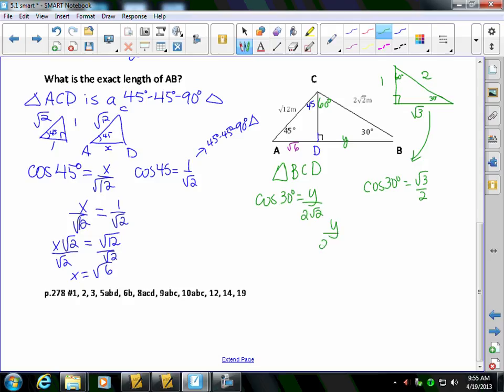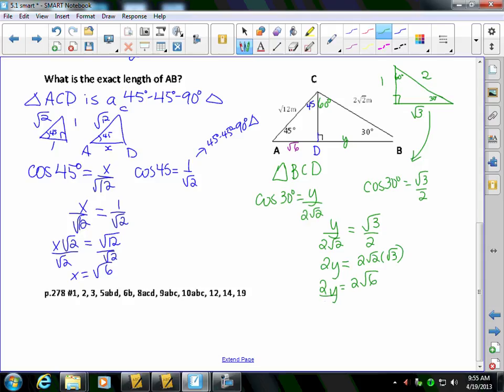So y over 2 square root 2 is equal to square root 3 over 2. I'm just going to finish cross multiplying and answering. It'll take about 15 seconds. So 2y is equal to 2 square root 2 times square root 3. So that's equal to 2 square root 6, because you multiply these two together, square root 2 times square root 3.